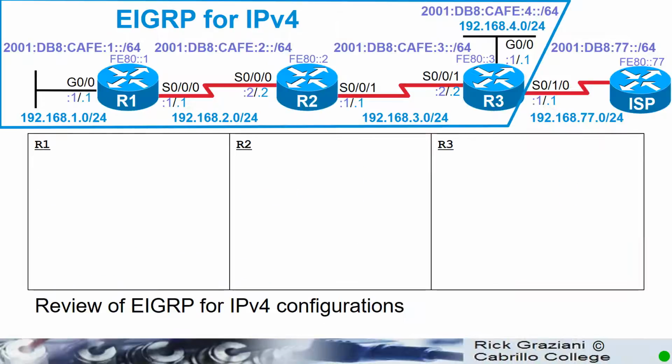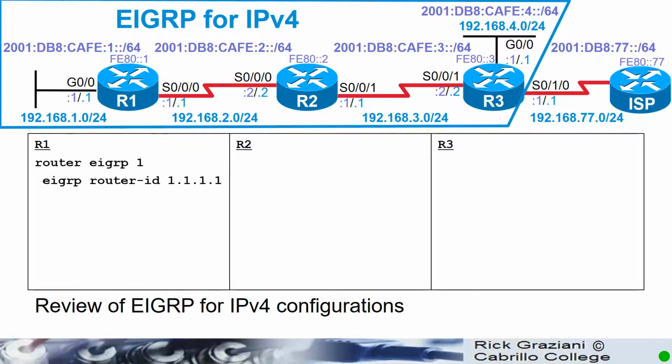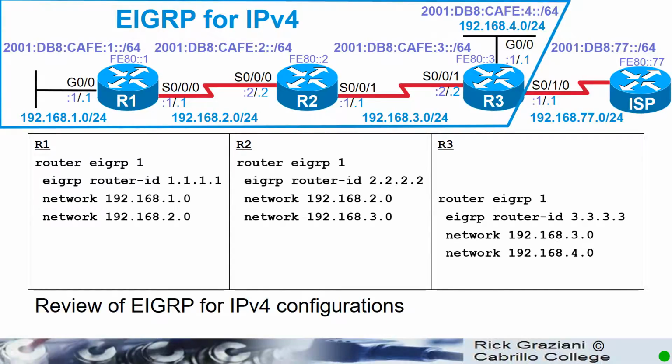So let's go ahead and look at this for EIGRP for IPv4. You do router eigrp, the appropriate AS number, the router ID, and the network statements.